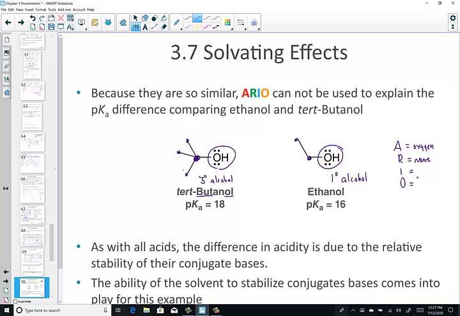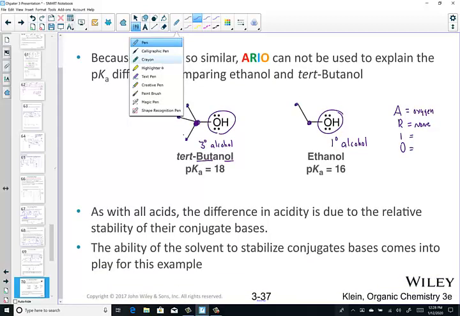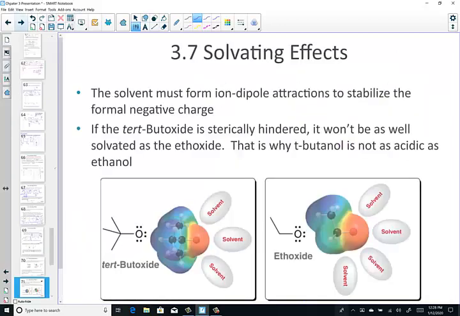So what can we do to explain what makes one more acidic than the other? And clearly by looking at the proton here, this is the more acidic proton. But why? And again, the answer comes back to the solvent. The ability of the solvent to stabilize the conjugate base's negative charge helps to create a stronger acid.